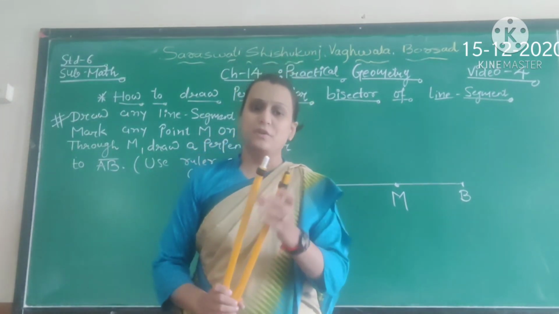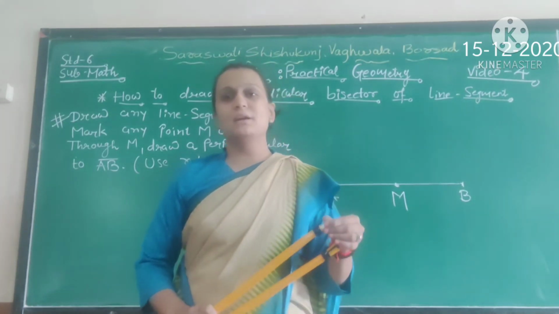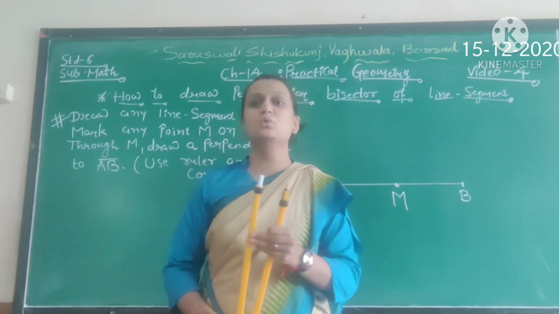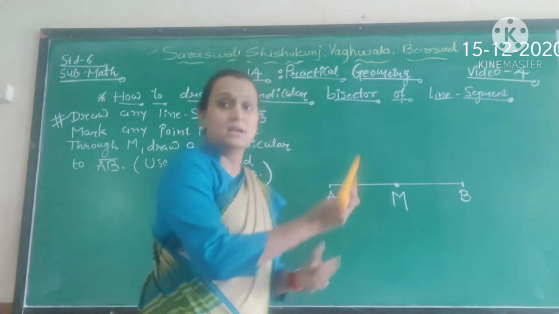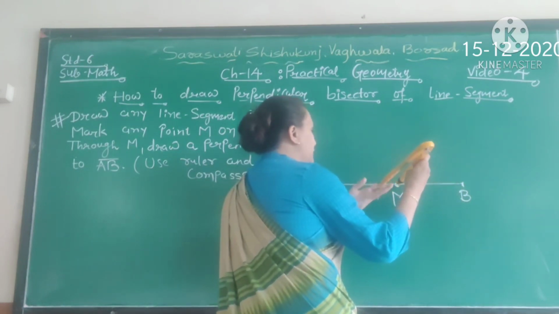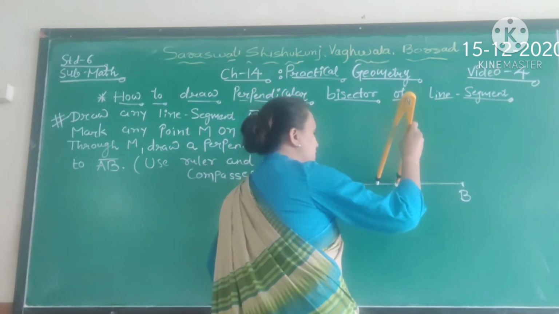So with the help of the compass, see, the measurement is not given, so I have taken approximately 2 or 3 centimeters. With a convenient radius from point M, you can draw a semicircle like this.